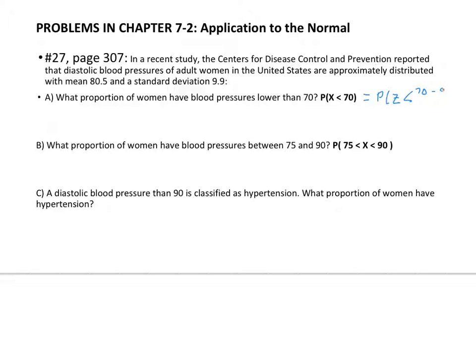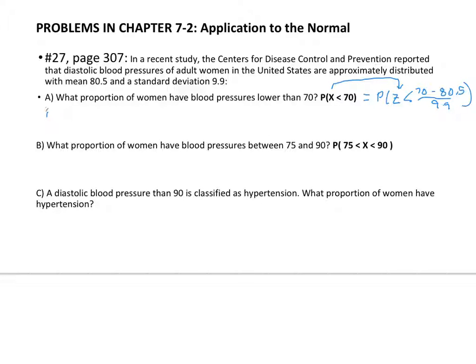minus 80.5 divided by 9.9. The reason we're doing this is we're transferring from the x variable to the z variable. When we do this, we get the following results.